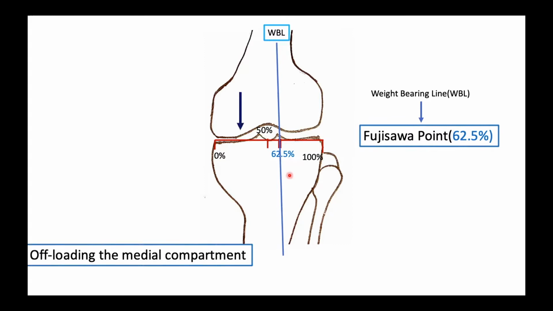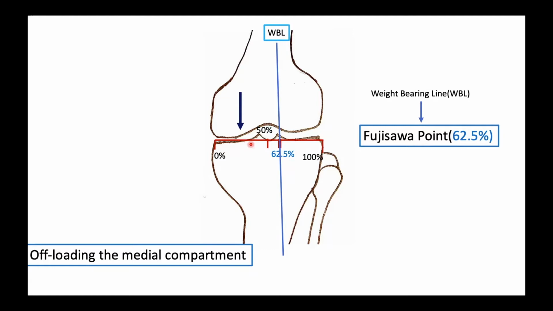The basic idea of high tibial osteotomy is to offload the medial compartment. In abnormal cases, this is the line through which the weight passes. And because of this, the cartilage of the medial compartment has been worn and torn out.